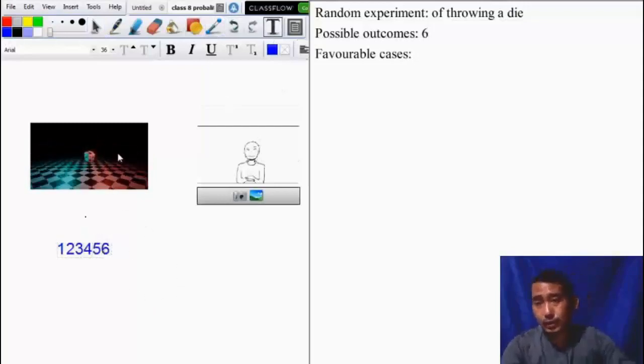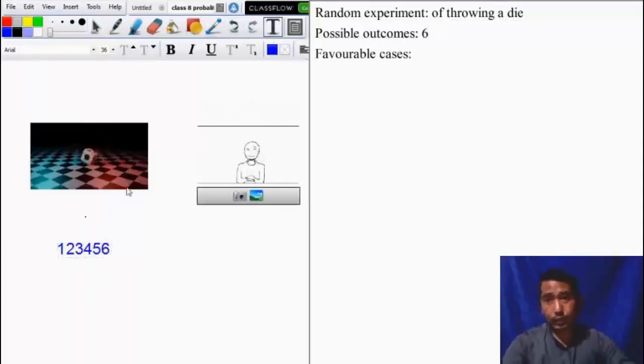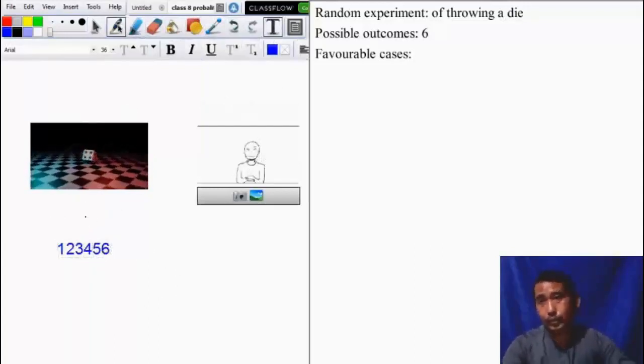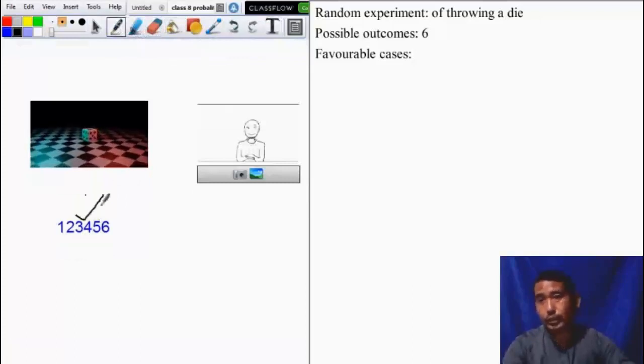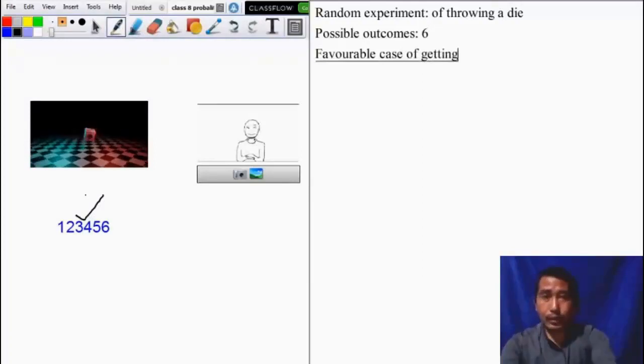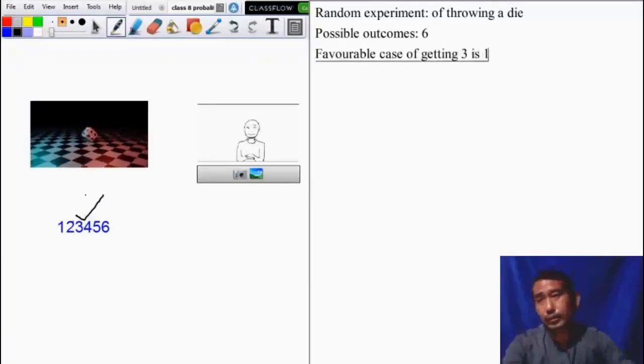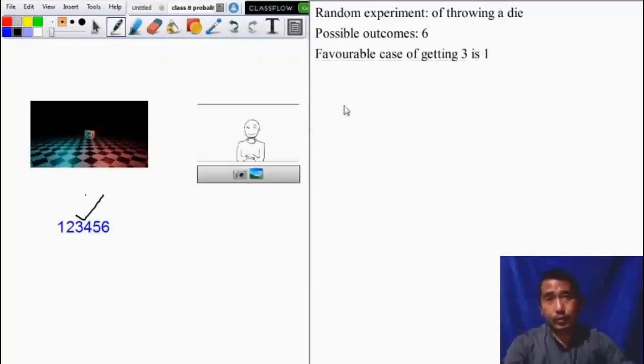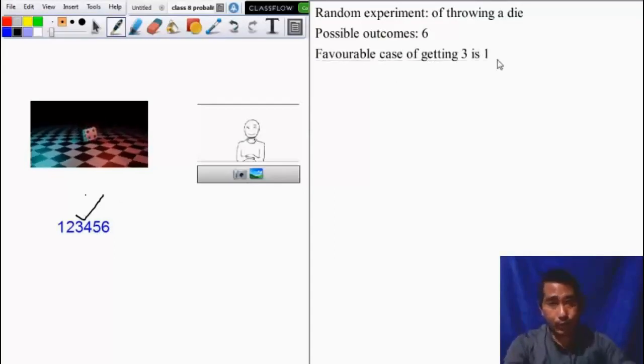So out of these 6 numbers, if we wish to get this particular number 3, then the favorable case of getting 3 is 1, because out of these 6 numbers we have only one number, or one side, which is 3. So the favorable case of getting 3 is 1.